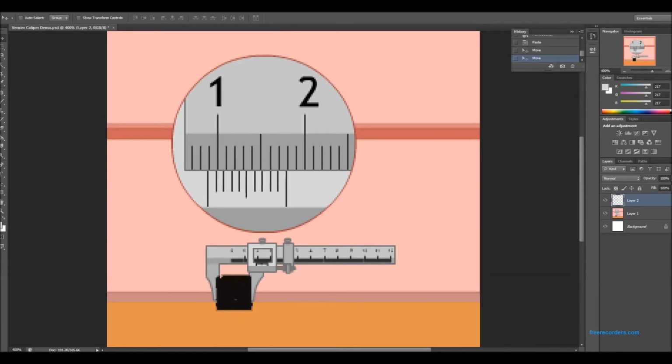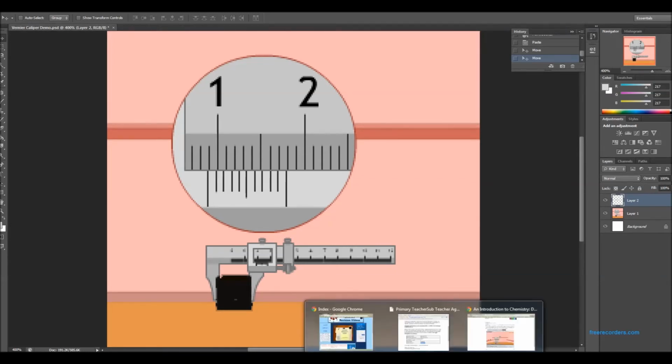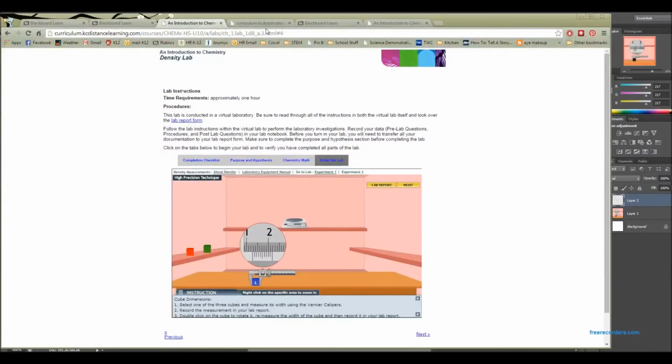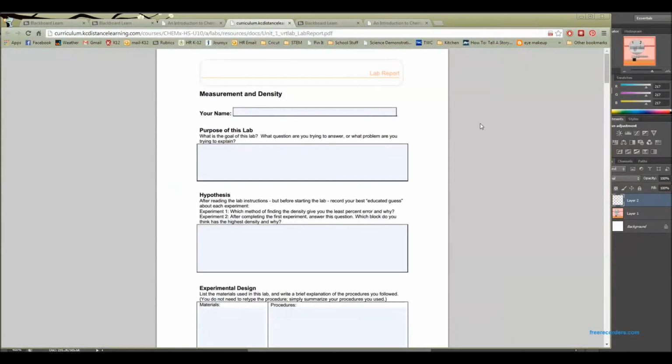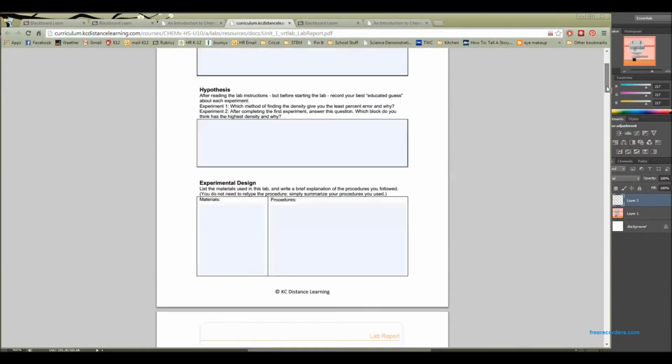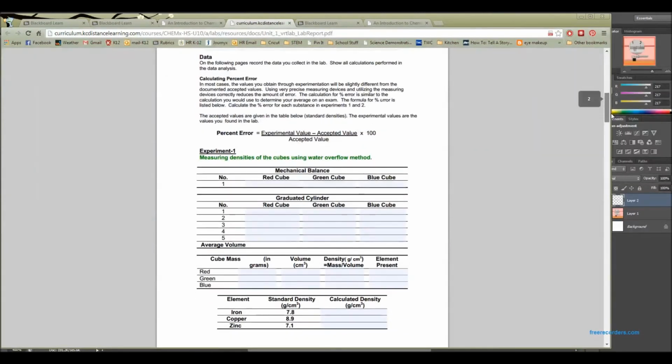Now let's go back to our lab report. Okay, that is all you need to do with that. Now in our lab report, some questions that I frequently get. In your data table, yes, I need you to use the graduated cylinder and find the average volume.